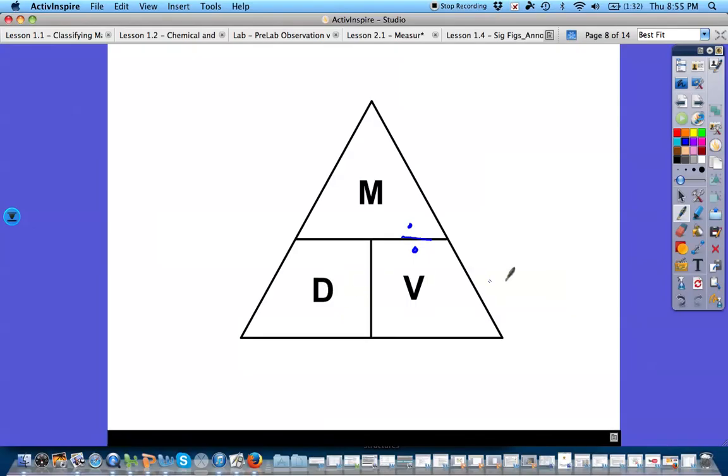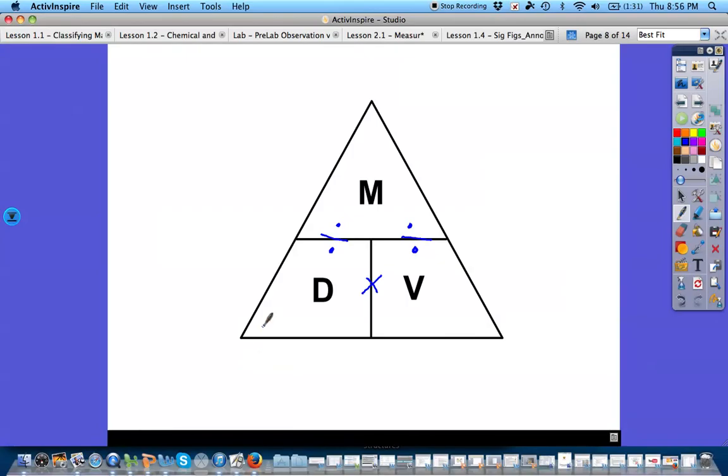So cover up density to do mass divided by volume. If you want to find volume, you're going to cover that up and it's mass divided by density. If you want to find mass, cover that up, and it is density times volume.